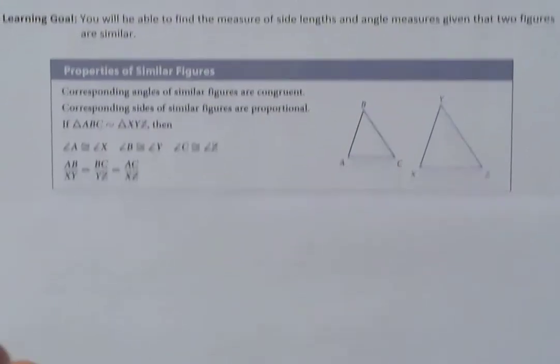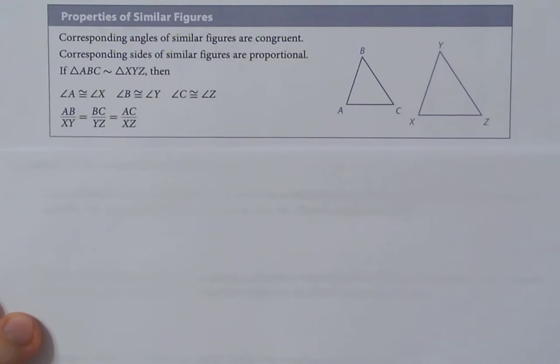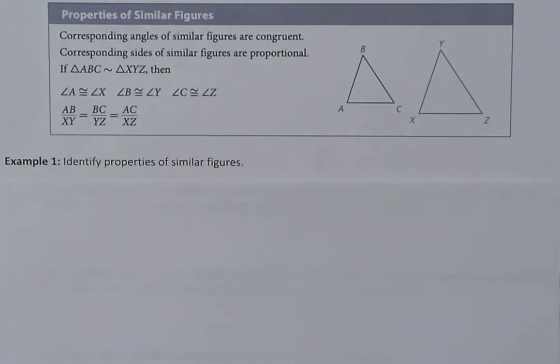So I'm going to slide this on up real quick. Alright, example 1 wants us to identify properties of similar figures. So we're going to utilize those properties to help us answer the following questions.